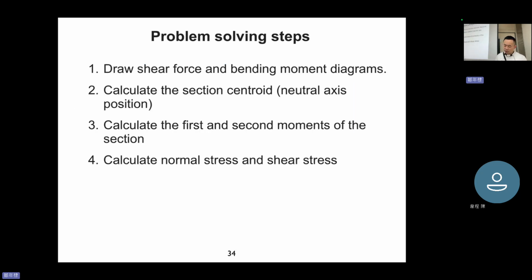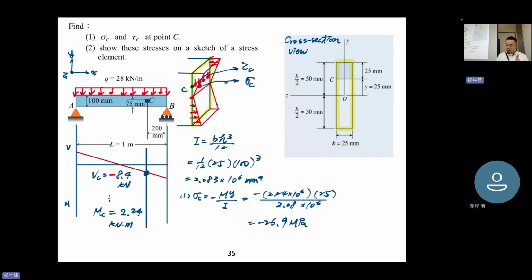And then we gave you some problem solving steps. Draw the shear force and bending moment diagram, calculate the centroid and neutral axis, calculate the first and second moment of the section, and then calculate the normal stress and shear stress. All right, so this is the typical classic example.